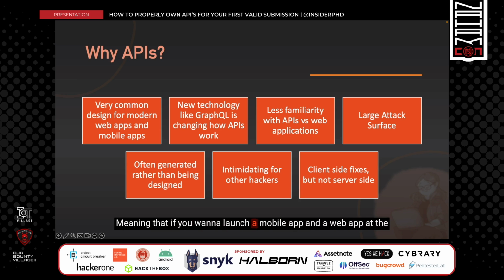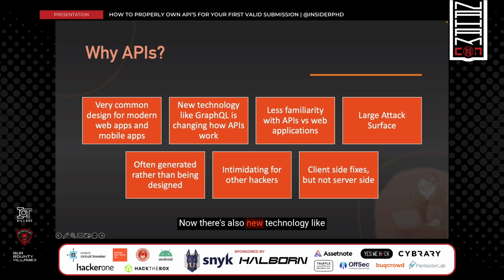If you want to launch a mobile app and a web app at the same time, using an API means you're only writing that logic once. So it's really common, especially for startups just starting out, to just throw an API together. Another thing is that if they have developers, they will often have a public facing API as well, to enable connections with things like If This Then That, or just third parties.